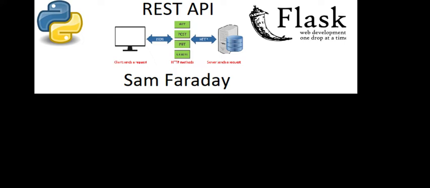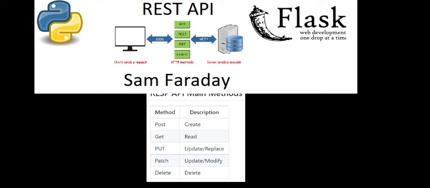Let's see the main methods of a REST API. The most common method is the GET method. It is a method, as the name says, when an application goes to the server and says, hey, give me some information. So that's the GET method. Another method is the POST, when we need to record some information in the server.